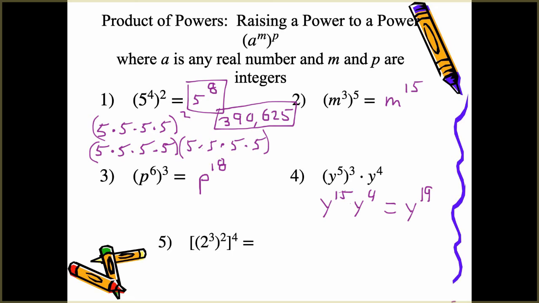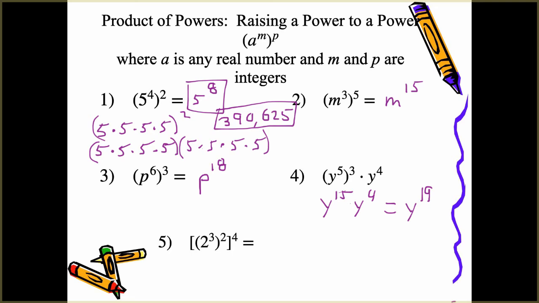The last one, we have 2 cubed raised to the 2nd, all raised to the 4th. Whenever we have parentheses, we work from the inside out. There's a couple of different ways to approach this. Since we're learning this new product of powers, I want to see you actually combining your powers and multiplying them together.